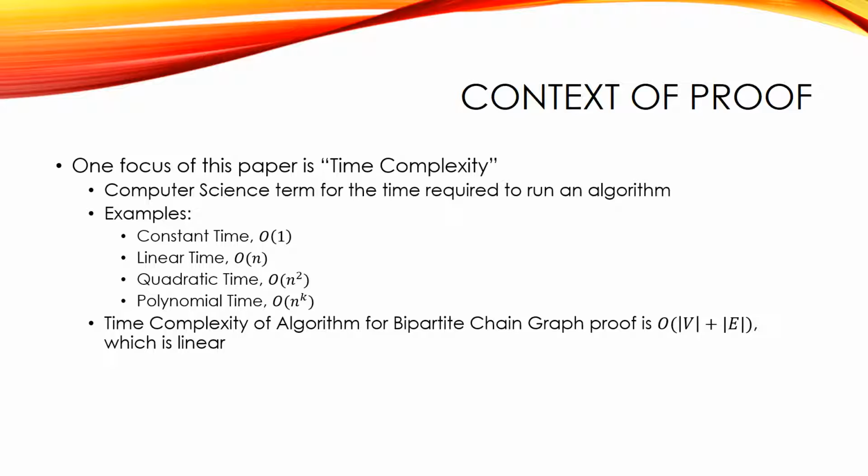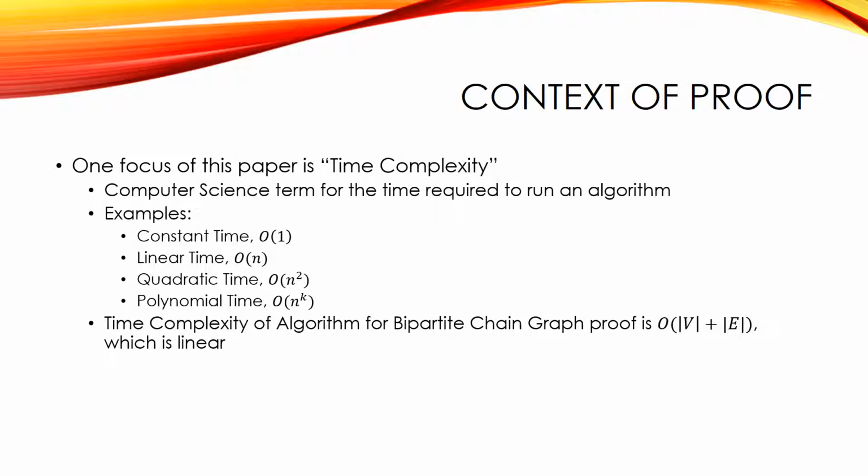You want algorithms to run as quickly as possible, and we use big O notation for that. If the algorithm runs in constant time, then it's a factor of 1. If it's linear time, it's a factor of some value n. If it's quadratic time, it's a factor of n squared, and polynomial time is n to the k, where k is greater than 2.